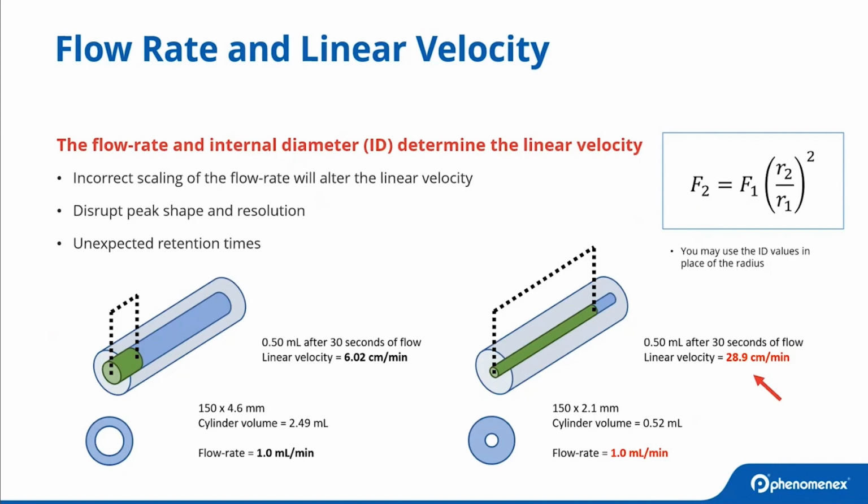Ultimately, this will certainly disrupt your peak shape in addition to your resolution, and it will generate very unexpected retention times. And then on a more pragmatic end of the scale, it will just simply generate a very high back pressure and probably result in an instrument shutdown.